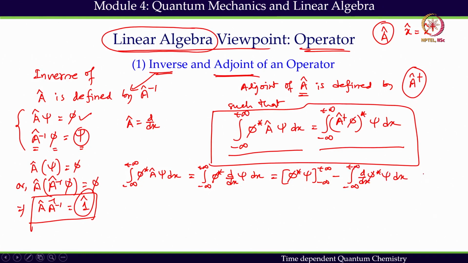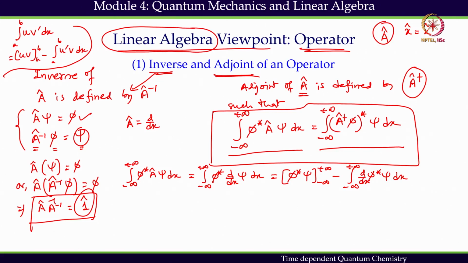The general formula of integration by parts, I'll just remind you: if I have the limits a to b of u v dash, where dash is the derivative with respect to x, then this is going to be u v from a to b minus the integral from a to b of u dash v dx. That's exactly what we have done here.